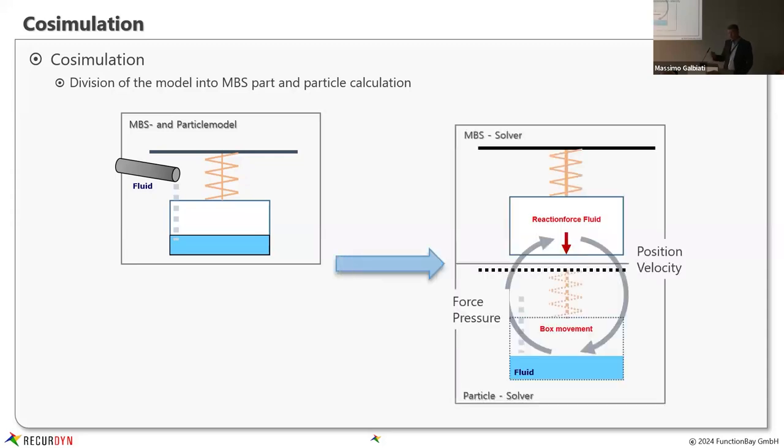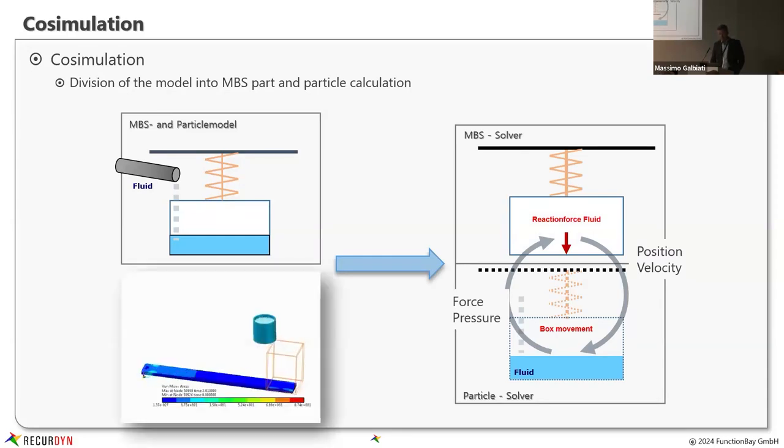If we start, let's say the start point is always Recurdyn, because we need an initial position and an initial velocity. This information we give to Particleworks. Particleworks calculates the pressure and the forces acting on the surfaces and gives this information back to Recurdyn. And then we close the circle and do this again and again until we reach the end of the simulation.